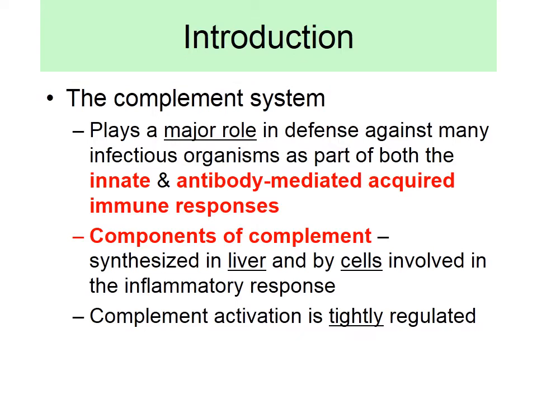The other important thing is that they are proteins synthesized in the liver and by the cells involved in the inflammatory response, so whenever there is a problem with the liver, like hepatitis or any other liver disease, you will again have a deficiency of these complement proteins, and you will be prone to all those factors that we discussed earlier in the table.